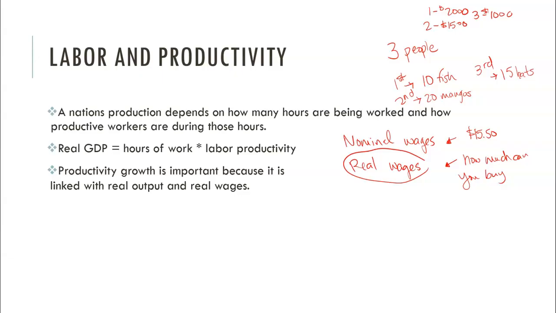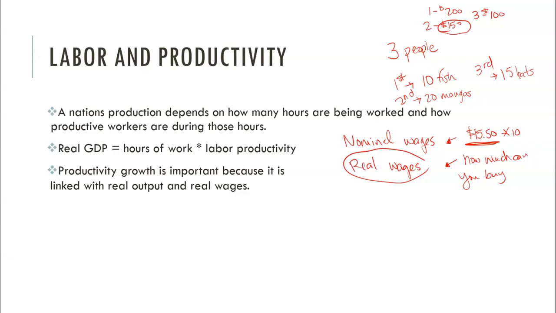So when they're looking at these different things that they can purchase, if I have $1,500, or let's go back to $150. If I have $150, maybe I'm going to buy 3 fish, I'm going to buy a hat. If nominal wages increase, that just means we've multiplied the amount of money people made, right?